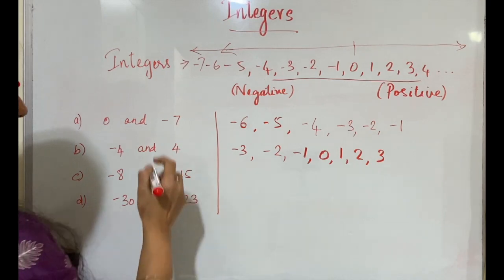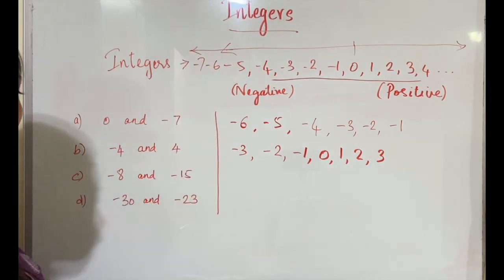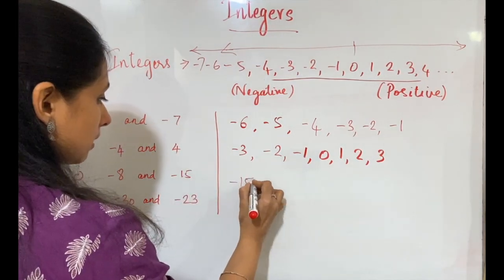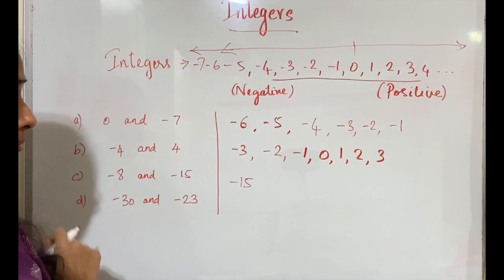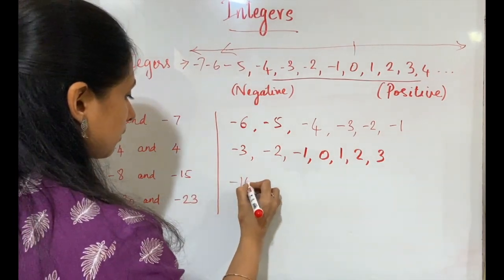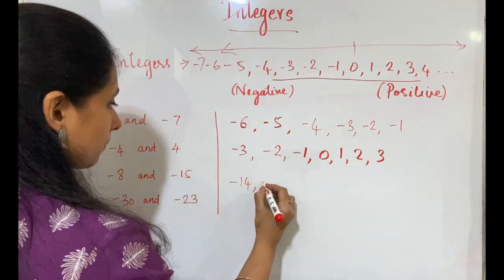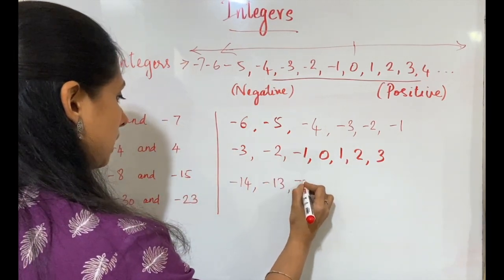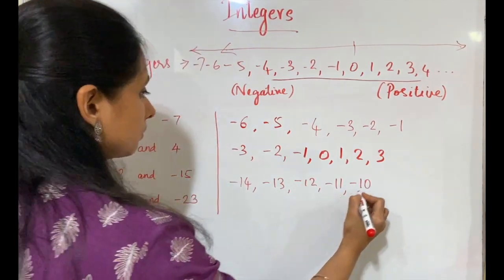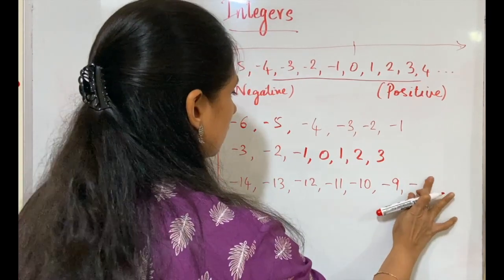-8 and -15. Okay, -8 is here. So in these two numbers, which is the least number? -15 is less than -8. So I will start with that. Okay, I'm not going to write -15. I'm writing starting with -14, -13, -12, -11, -10, -9, that's all.